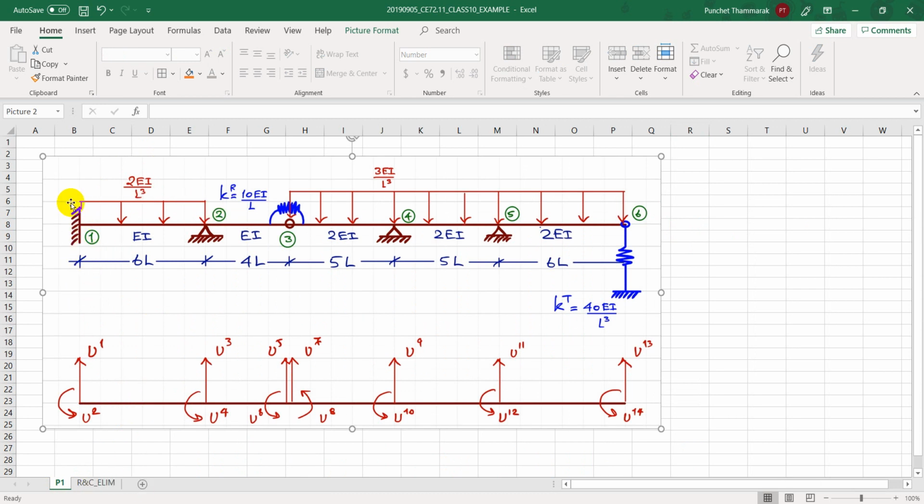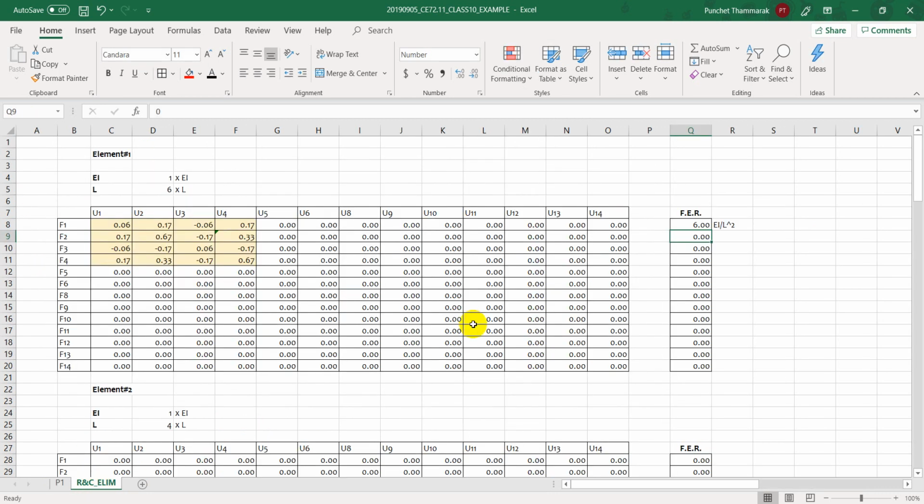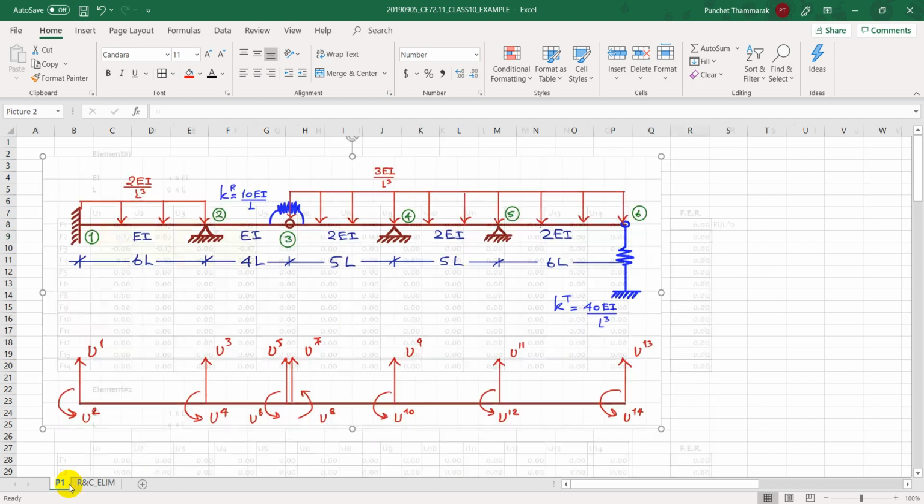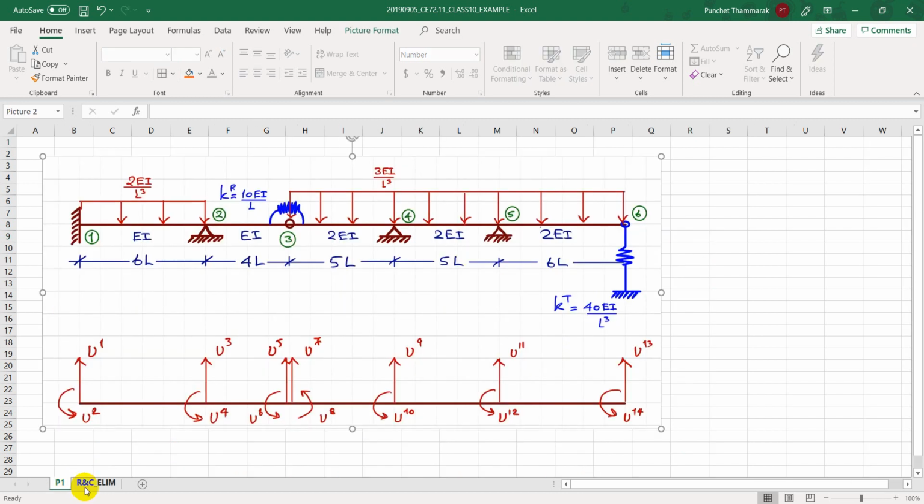Okay. How about the moment? The moment will be going in a counterclockwise direction. So we have WL square over 12.